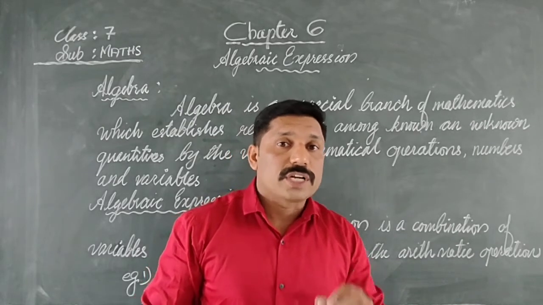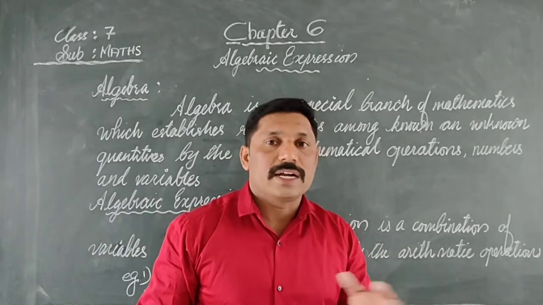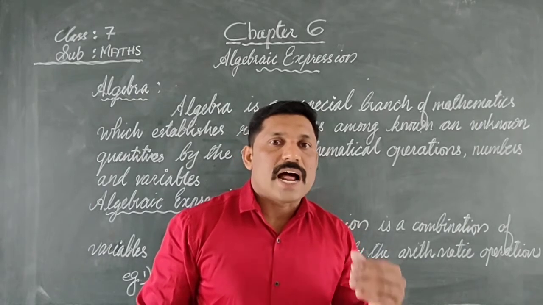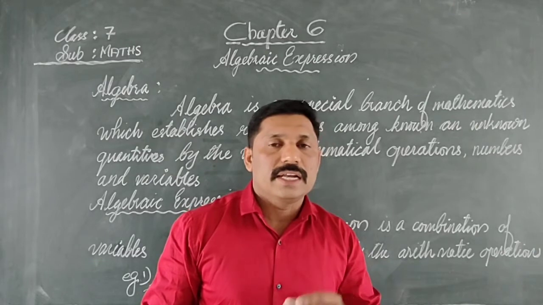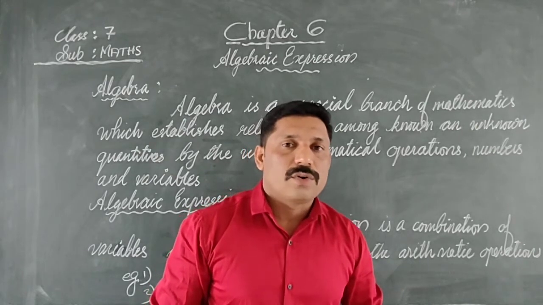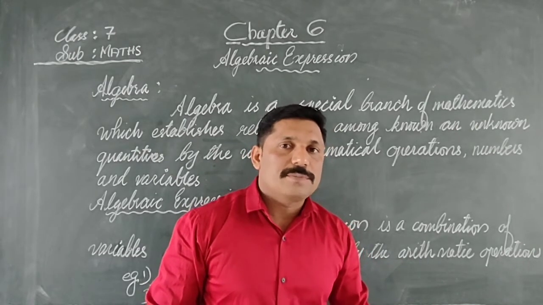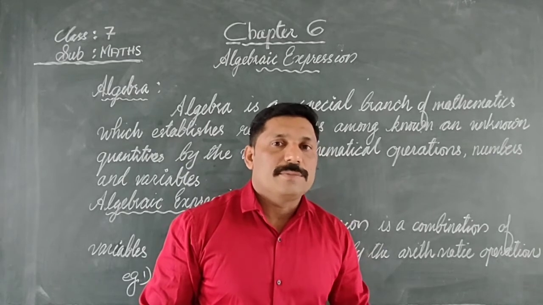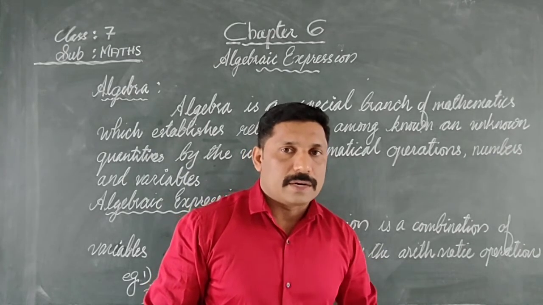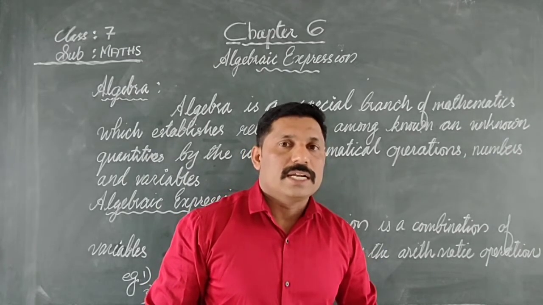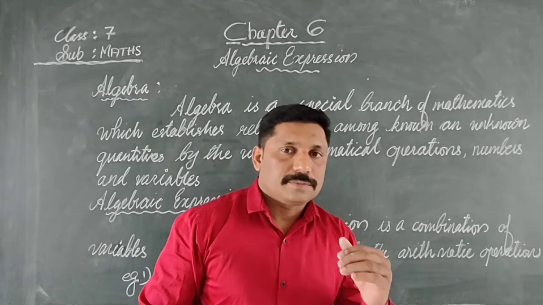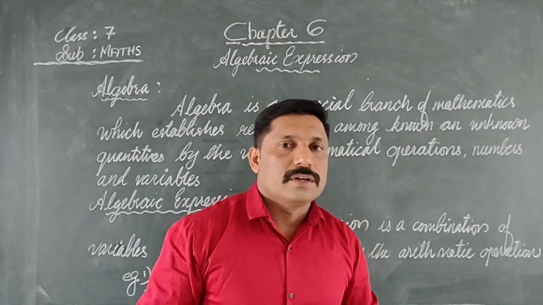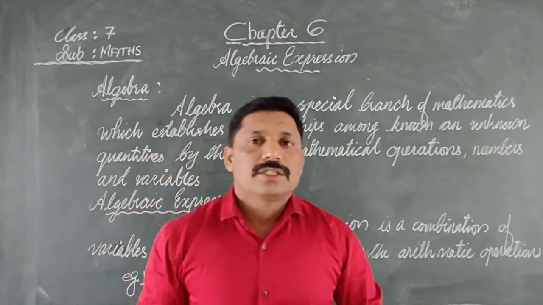Last year you studied what is a variable and what is a constant. Variable means an unknown value which we represent by any letter or alphabet, and constant means any known value, that means a particular number, whose value is fixed, that is called a constant.